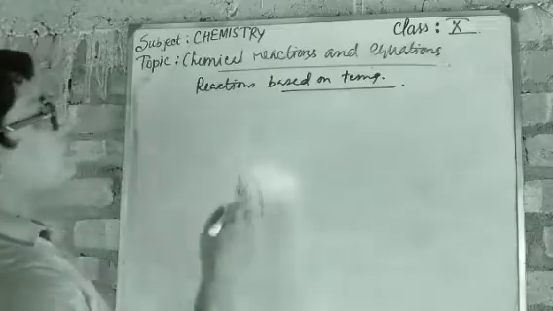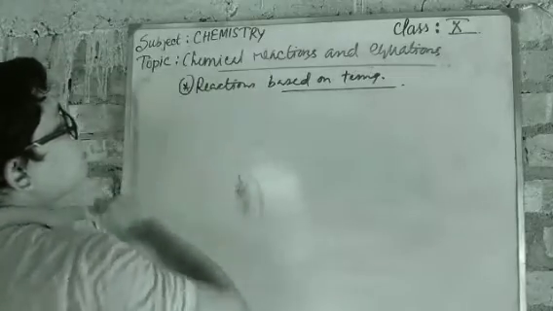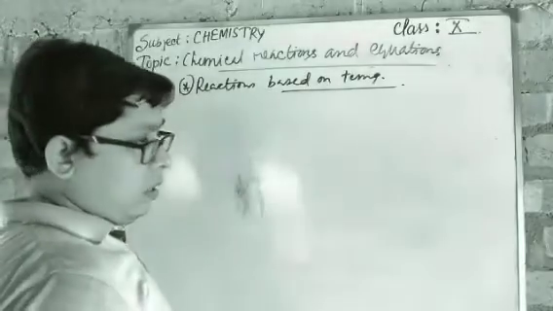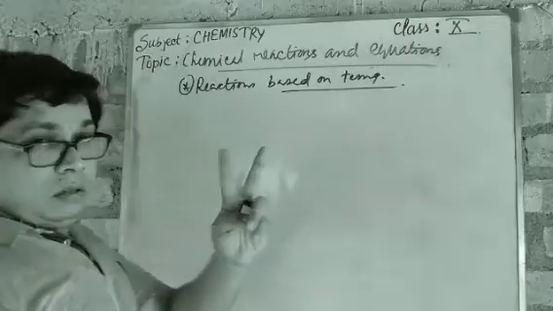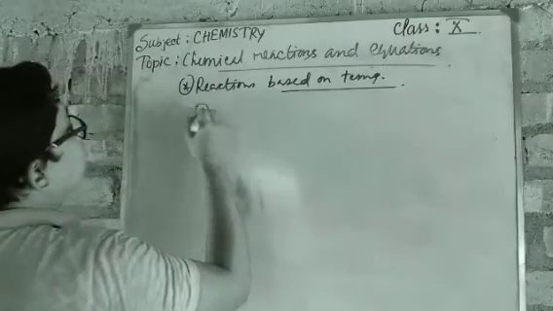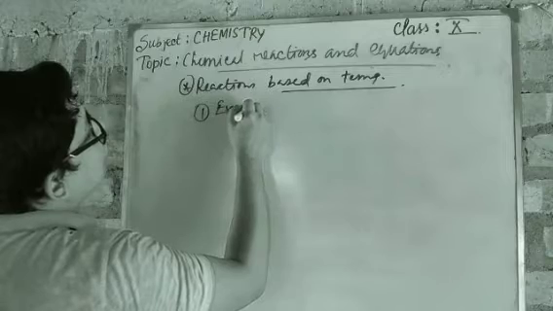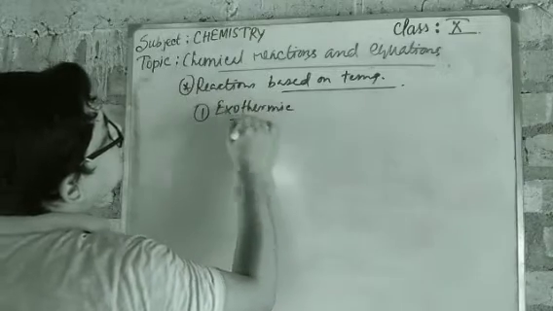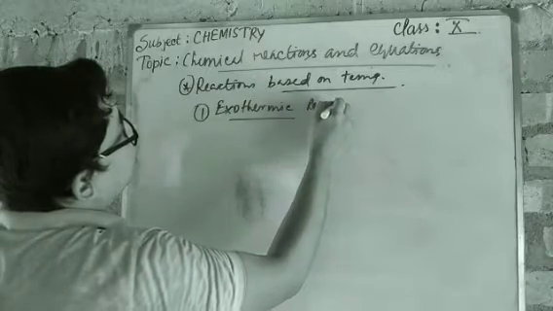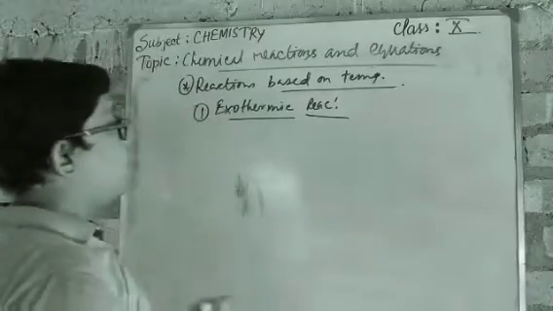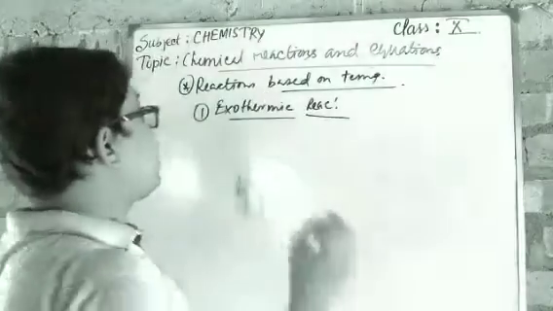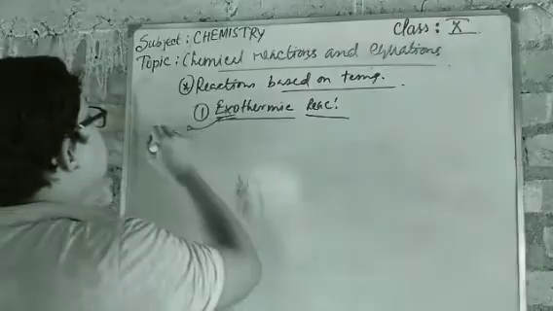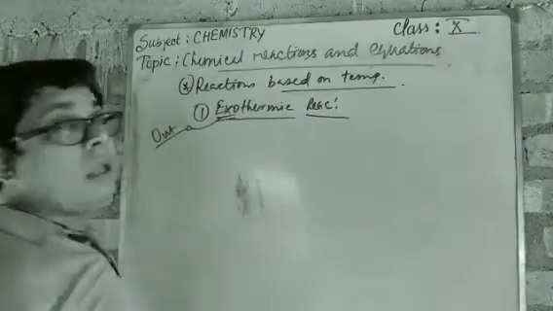Now come to the classification of reactions based on temperature. How many types of classifications are there? Only two types. Number one, exothermic reaction. Now from this word, what could you understand? Exo means out.